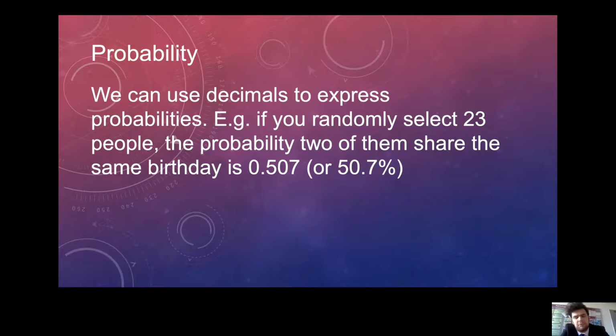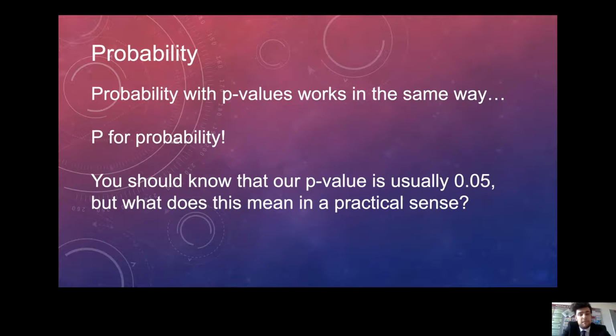But yeah, we can express probabilities as decimals, and it's a very common way to do so. In fact, it's the preferred way to do so in most cases. Probability with p-values works the same way. As I said, the P in p-value is P for probability. I need to stop saying probability because I will get my tongue tied.